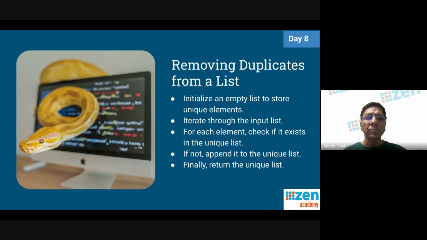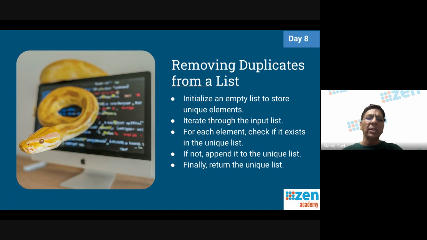You can remove duplicates. This can be one exercise that you can do. So you have to initialize an empty list, just like we did SC list or NSC list. You can initialize an empty list to store unique elements, so you can say a unique list, right? Then iterate through the input list.